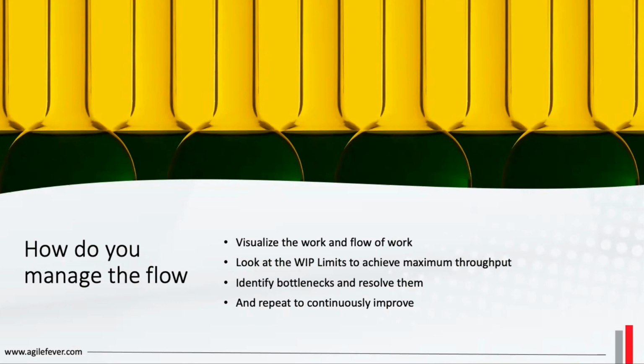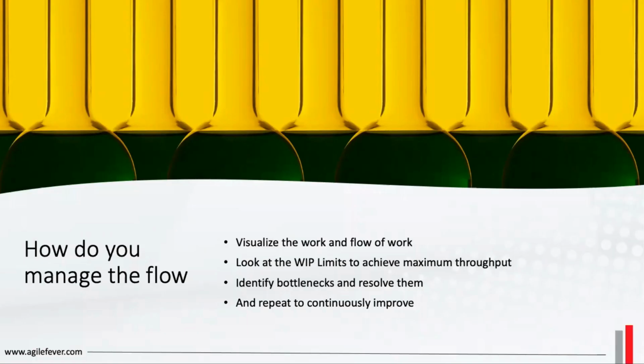And then you identify the bottlenecks and try to resolve them, and then you repeat so that you can continuously improve. So there is never a stage when you will see my flow is optimized. Every time you can find one or the other aspects of the flow which are not actually working or which are generating more waste.